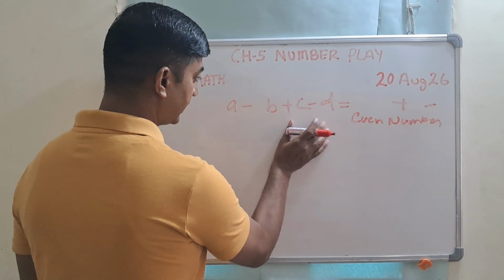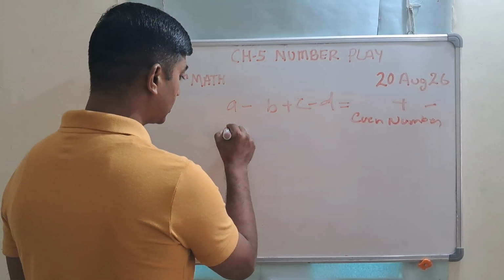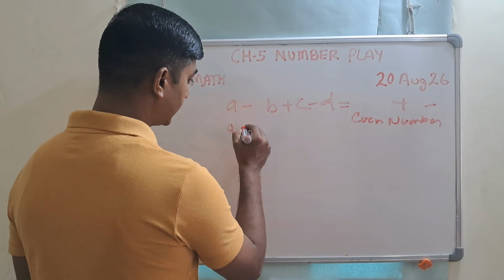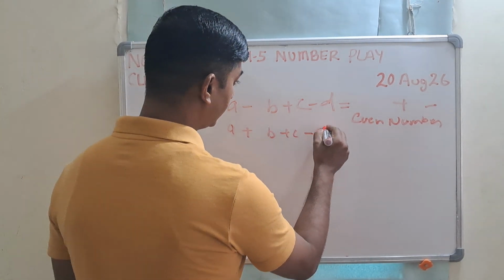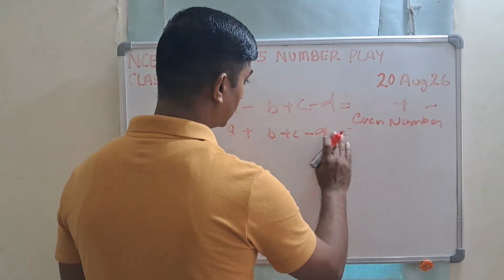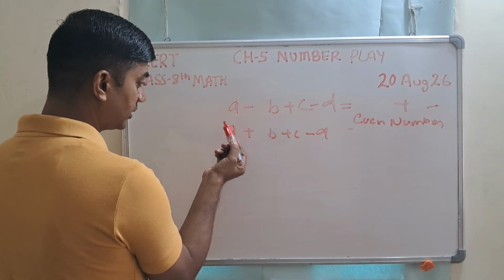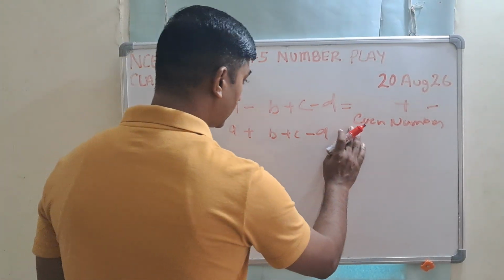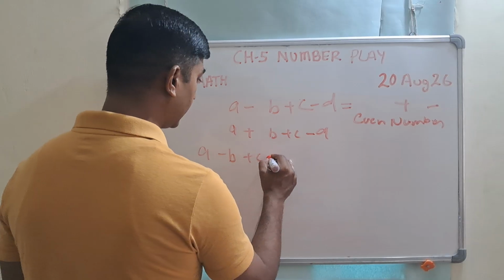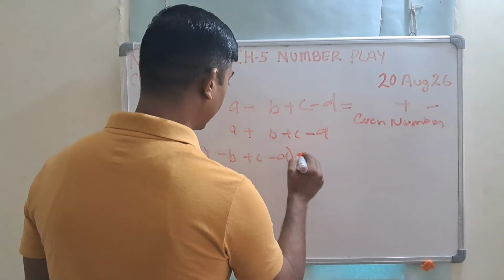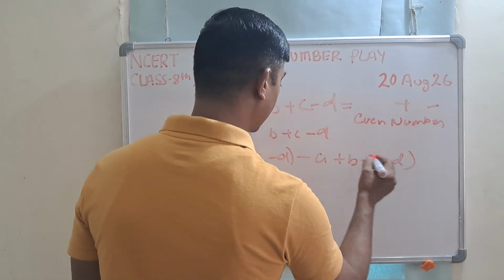Let's take an example. Suppose we take another combination, a minus b plus c minus d, and we subtract from it the expression a plus b plus c minus d.